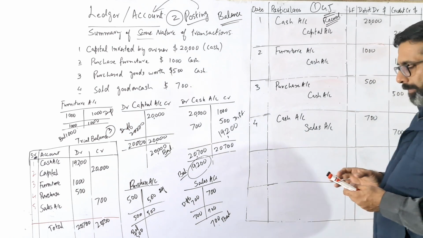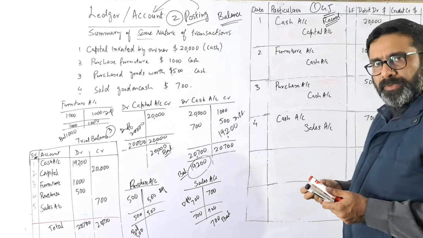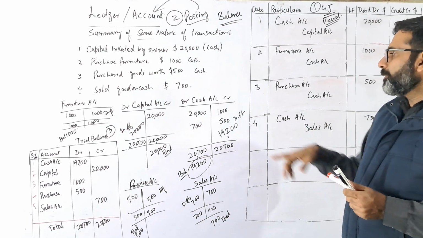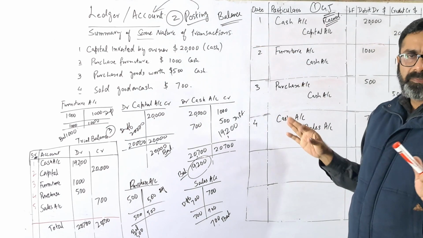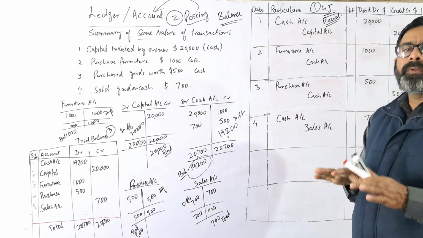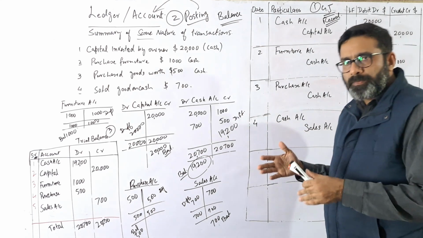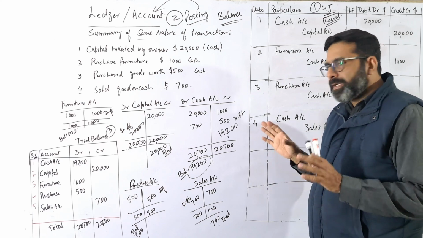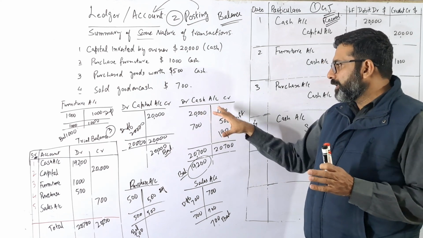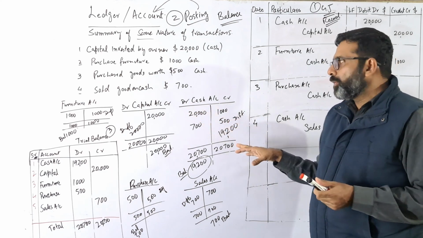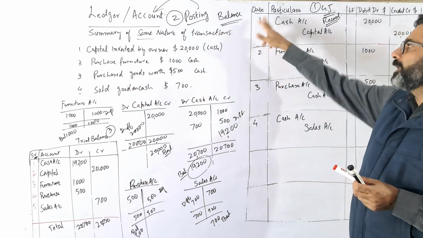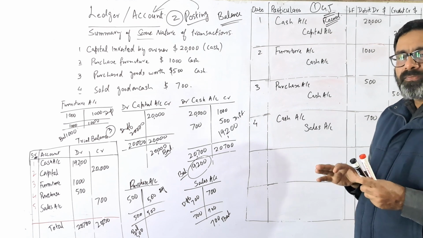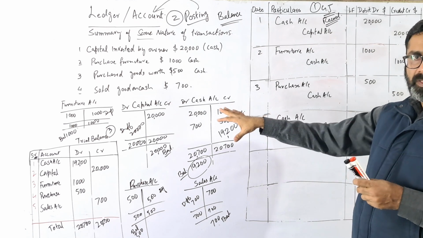For example, just for understanding purposes, we can write dates here. This is a very simple one. In computerized accounting or in properly maintained books, so many other pieces of information are written, but here, for simplicity, we have just done the debit and credit in the T account. If you see here, the dates are the first, second, third and fourth. In the same way we can write the information with the account.